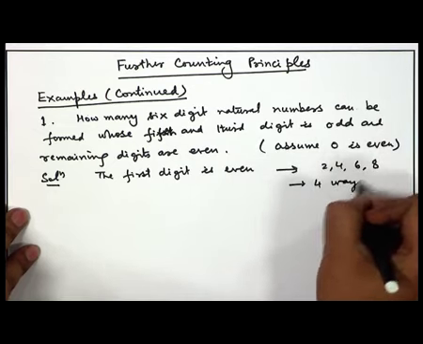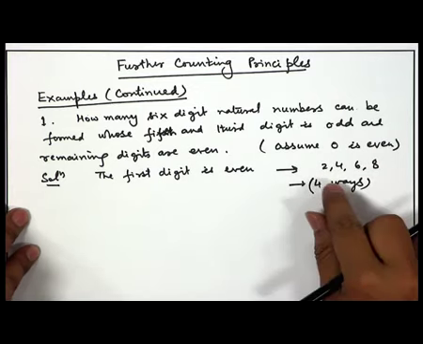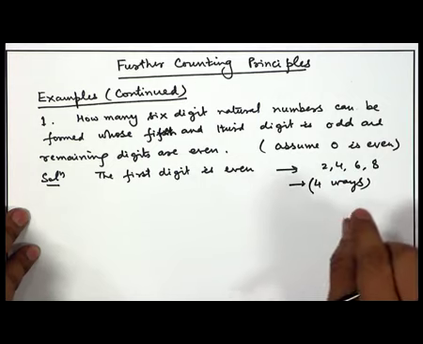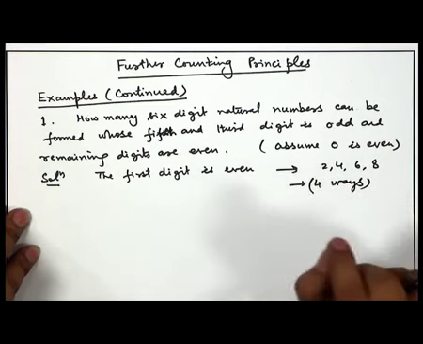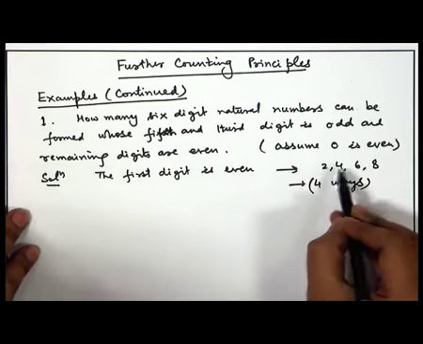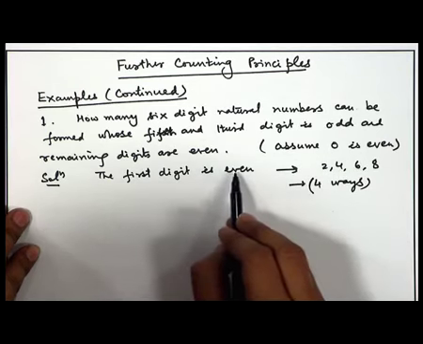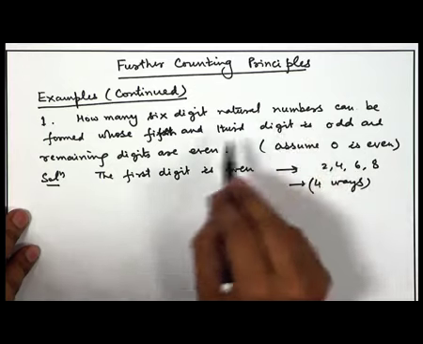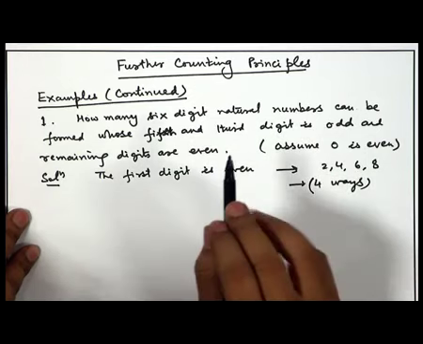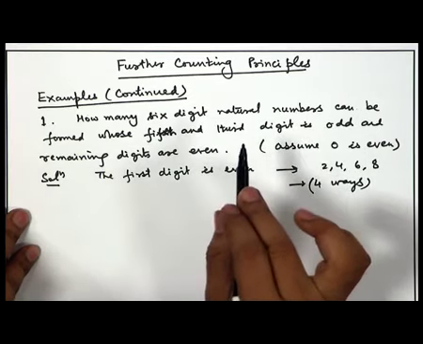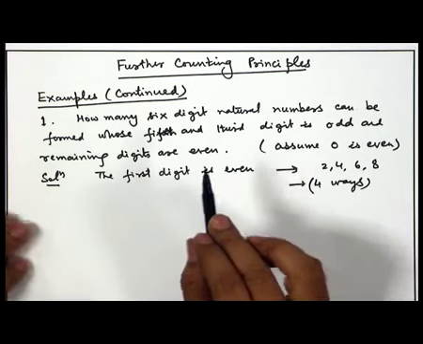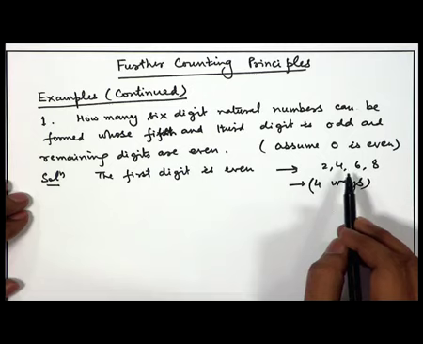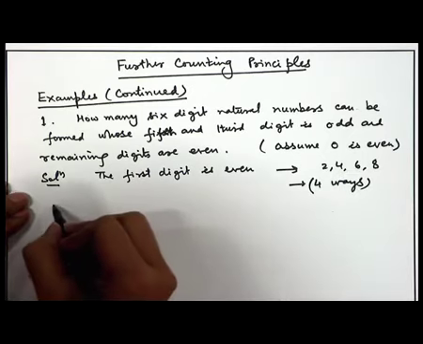The first digit cannot be 0, because we are saying six-digit numbers. Since we have put the condition that the third and fifth digits are odd, the first, second, fourth and sixth digits are even. So, the first digit can be chosen in 4 different ways.